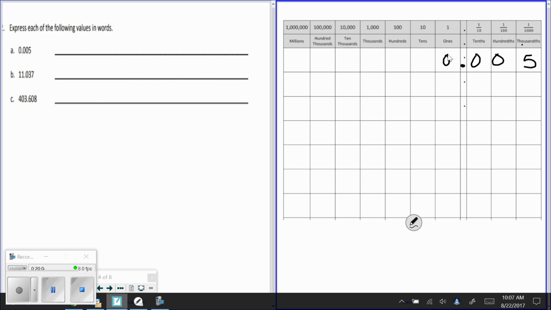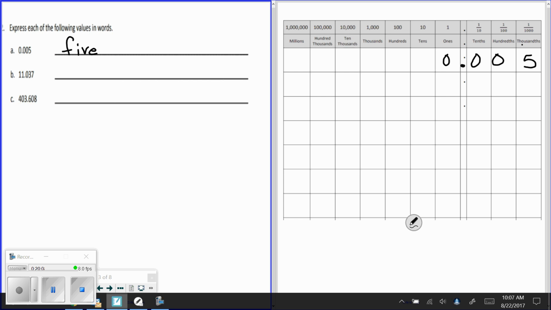It's right there. So 5 thousandths. And there's no reason for it to be misspelled because it's right there in front of your face. When you're copying it, you shouldn't be misspelling it.